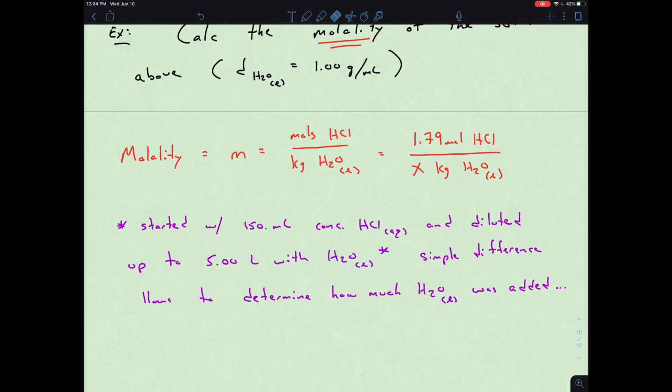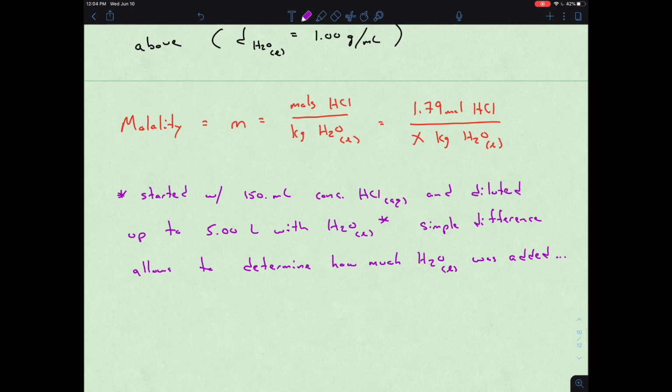So that's where we want to begin, though we're going to find that we have to be a little bit careful. So if we take our total, we would say that 0.150 liters, that was our concentrated solution, plus X liters is going to be equal to 5 liters.